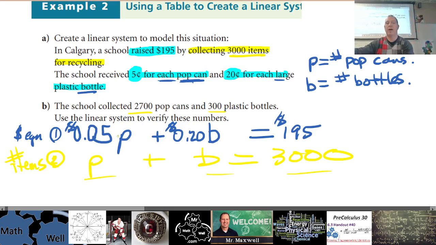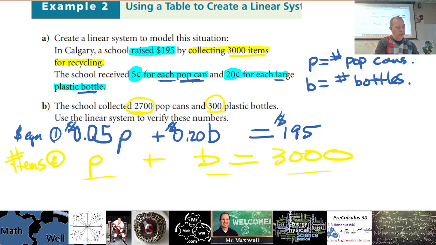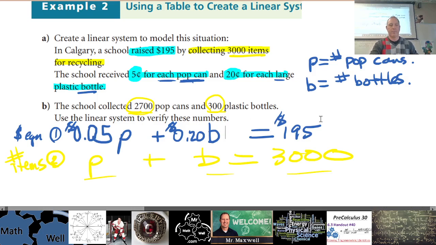I don't think we'll do it here now, but you could do 2,700 times 0.05 plus 300 times 0.2, and that should equal 195. Okay, in your textbook, as part of the solutions there, they will do it somewhere. And you can look there and see that we've done the same as the textbook. Okay, everybody good with that?